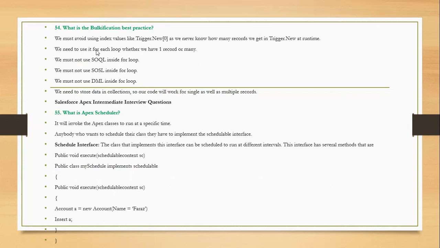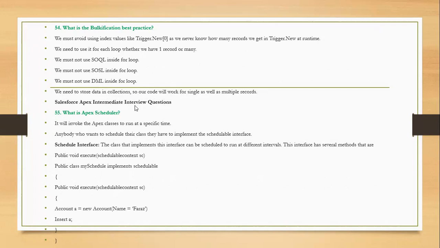We need to use a for each loop whether we have one or many records. We must not use SOQL inside a for loop. We must not use DML inside a for loop. We need to store data in collections so our code will work for single as well as multiple records.